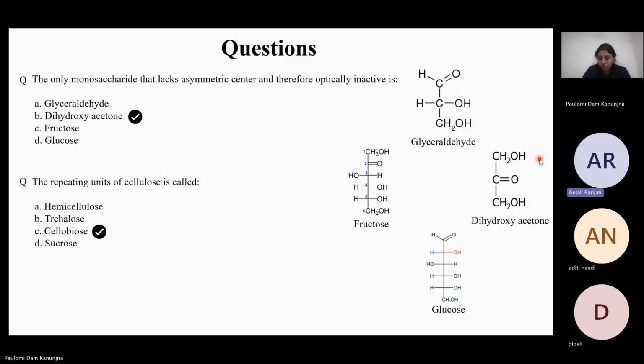Then I will try to answer the doubt on conformation and configuration. Okay. So Anjali, you asked about conformation and configuration. Can you first explain what you know already so that I don't get too much into the details?